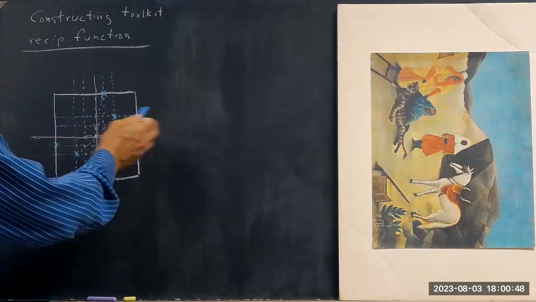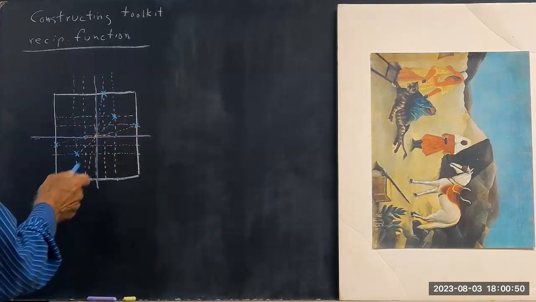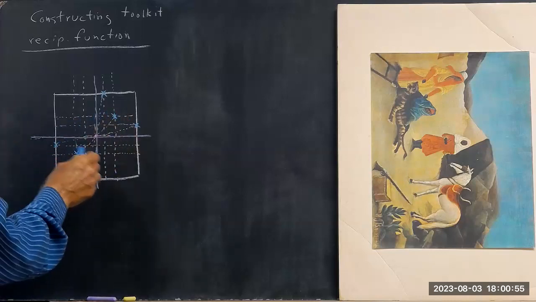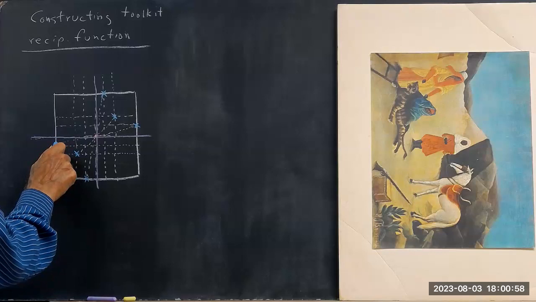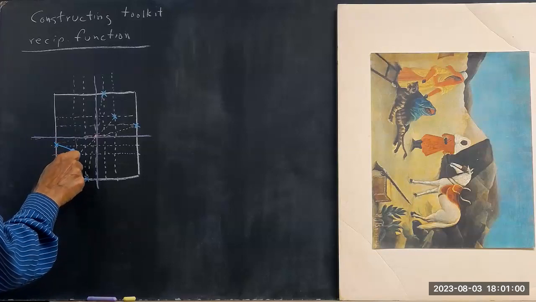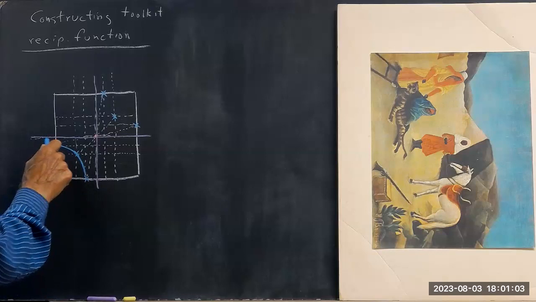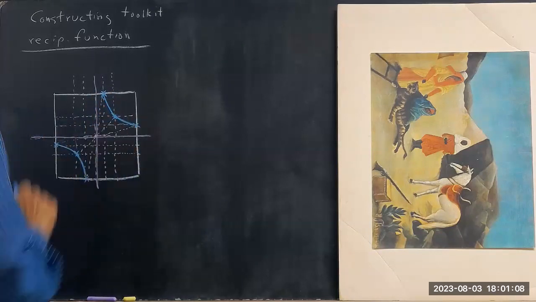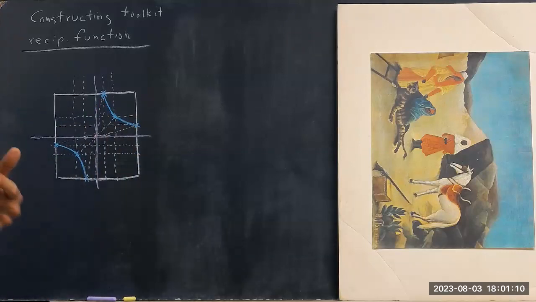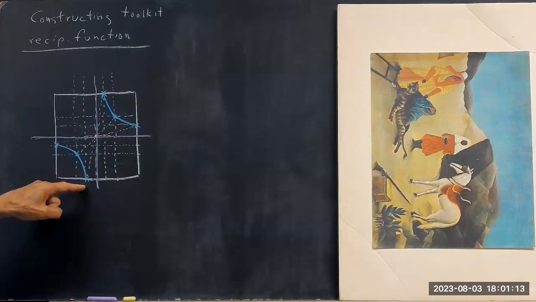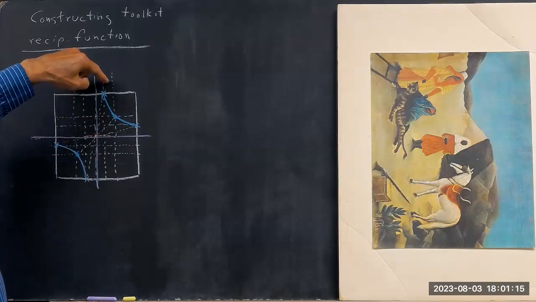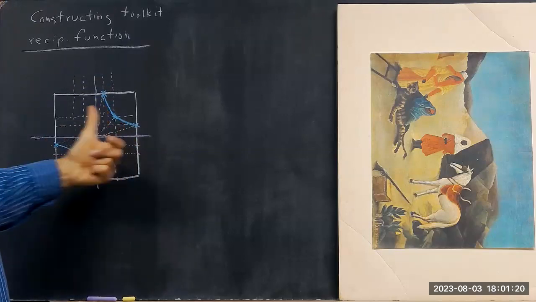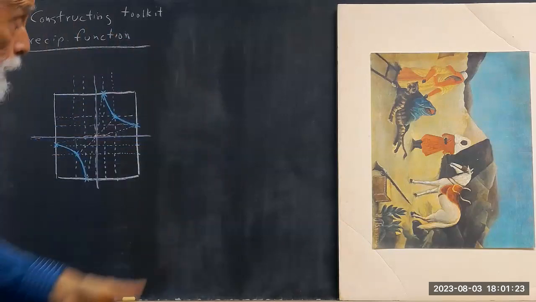Now, those yellow dotted lines, the ones I just drew through the center, aren't an essential part of the picture. If we're just trying to draw the graph, it does this. And the graph does this. Now, what the graph doesn't do is connect this point to this point. Nothing to the left of center connects to anything to the right of center.